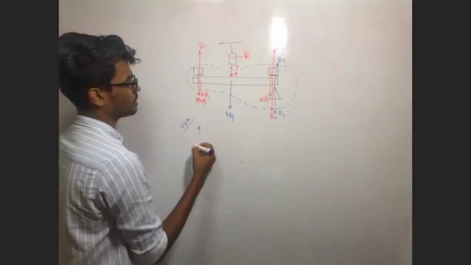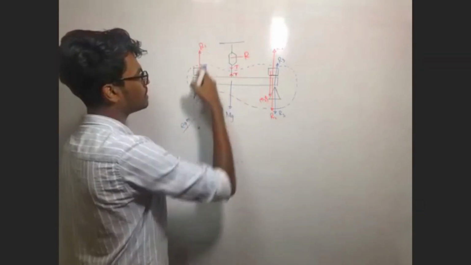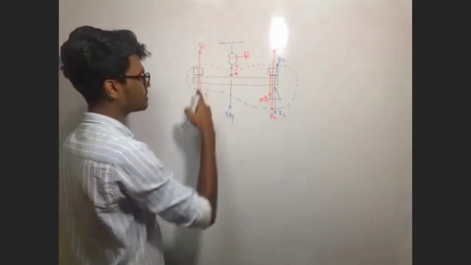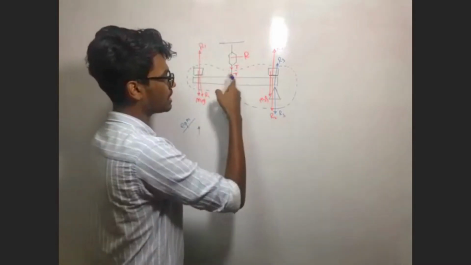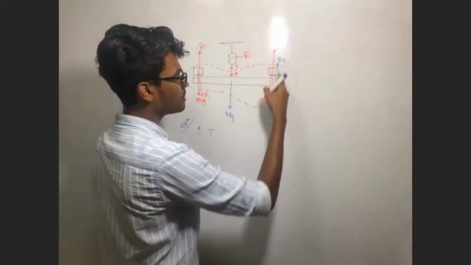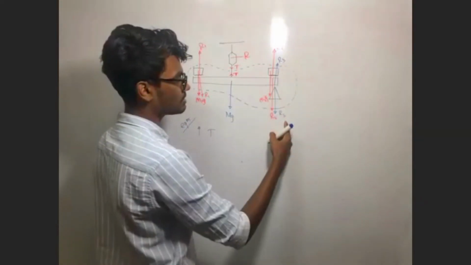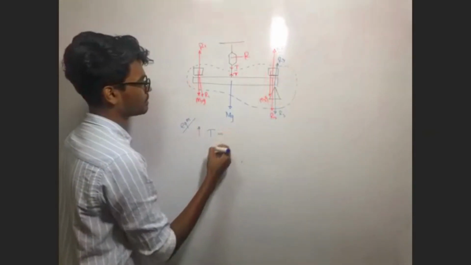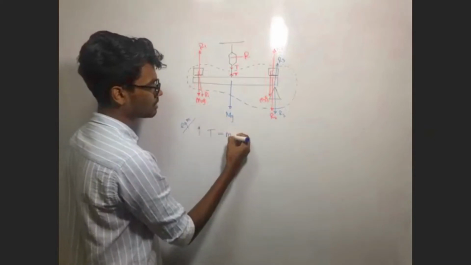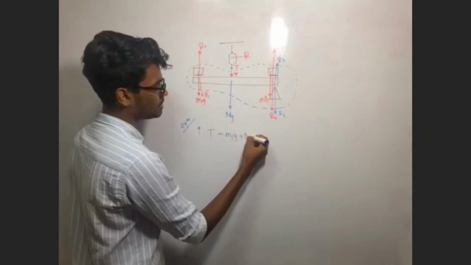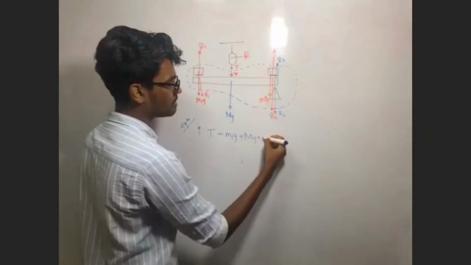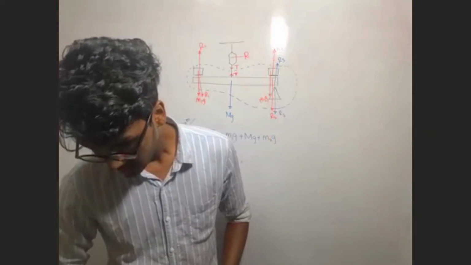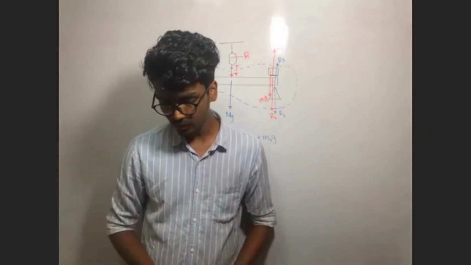R1 upwards, this is downwards, so it cancels out. The other upward force is T. R3 to R3 cancels out, R2 to R2 cancels out. There are no other forces. What's the downward force? M1G, capital MG, and M2G. That is the only thing that supports this.